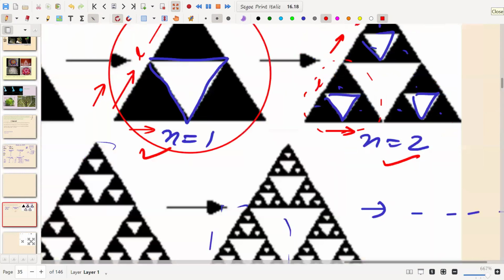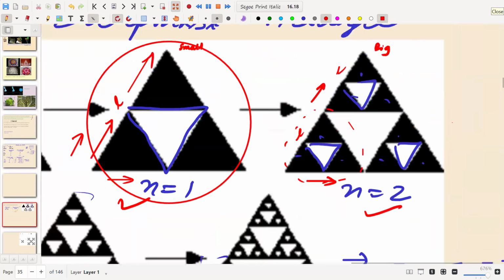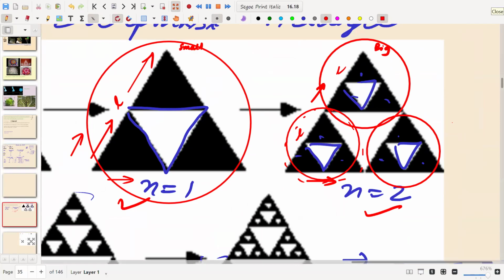Now, how many small copies can you fit inside this? How many copies of n is equal to 1 can you fit inside n is equal to 2? Can you see there are 3 copies? 1, 2, 3. So you can fit this copy 3 times here. Don't go with the size.